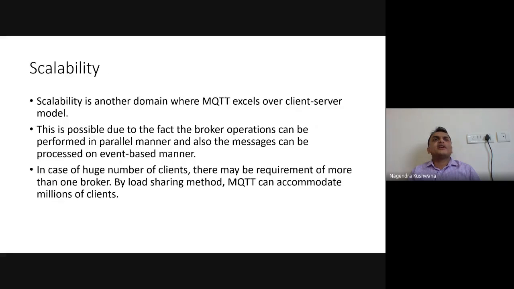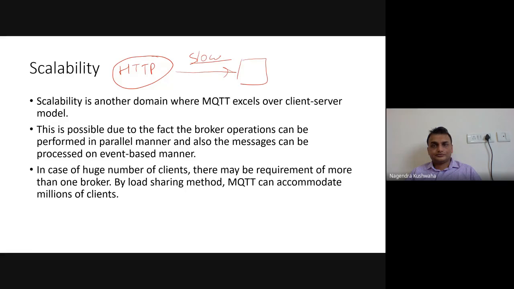One of the major factors is scalability. Scalability was one of the major challenges in the previous HTTP model, because when there is a large number of users requesting the same data from the same server, it becomes slow.